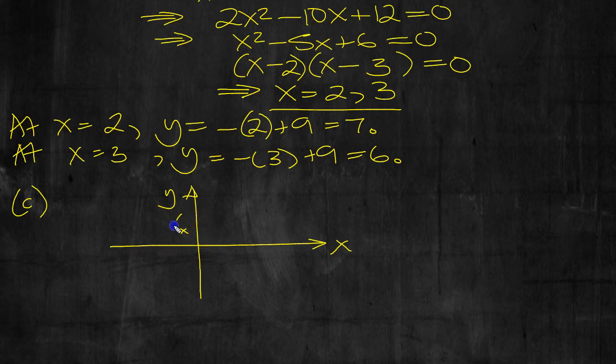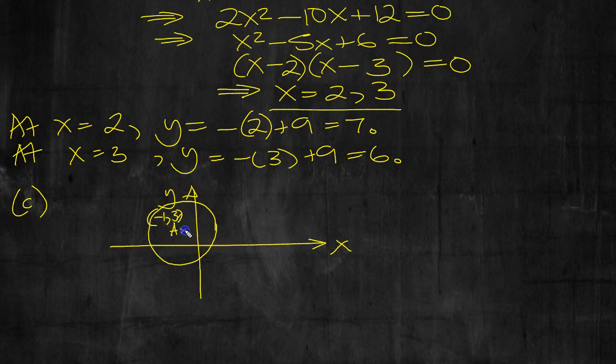So that would be A, minus 1, 3, and radius 5. Just draw a circle around it really. That'll do.